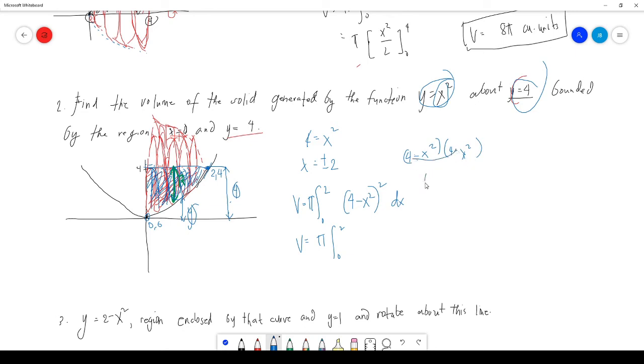So that is 16 minus 4x squared minus 4x squared plus x to the power of 4. So that's 16 minus 8x squared plus x to the power of 4 dx.